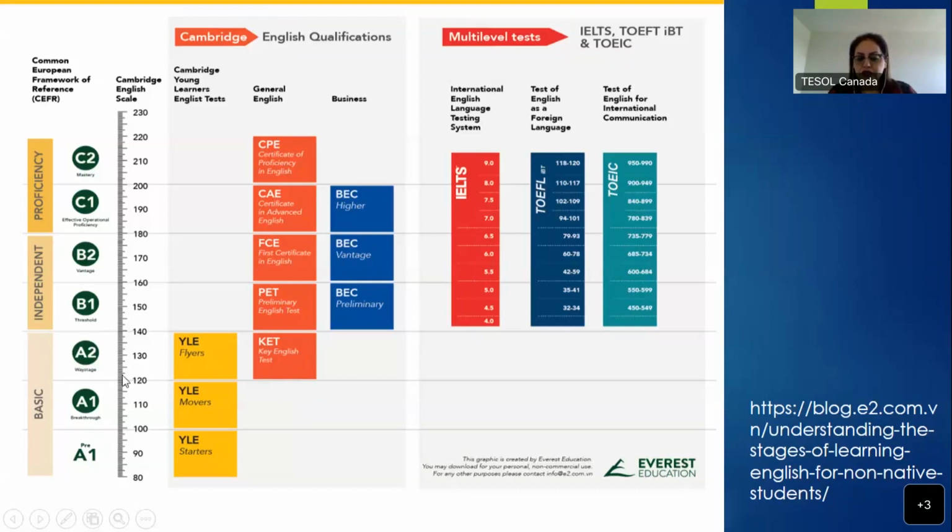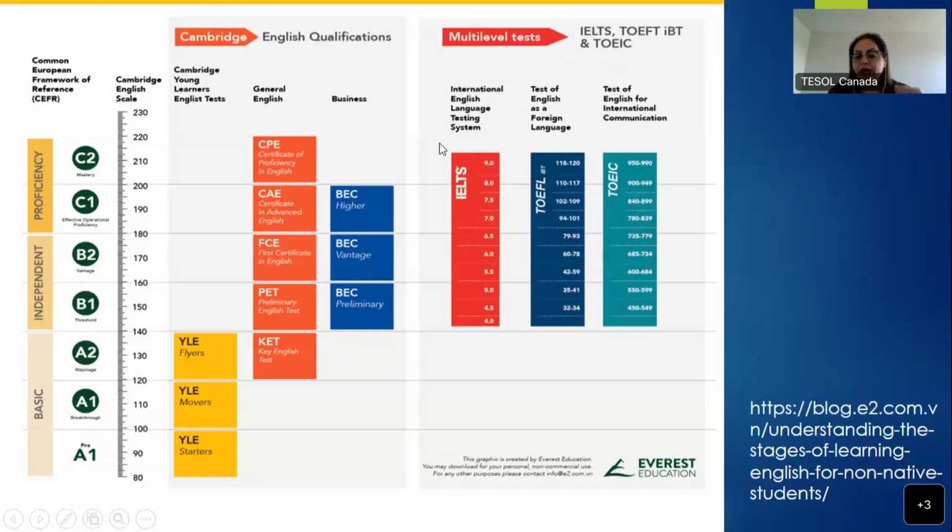KET goes to pre-intermediate level, PET intermediate level, FCE upper intermediate, CAE and CPE for proficiency. Also for adults studying business English: Preliminary, Vantage, and Higher. So again, intermediate, upper intermediate, and CAE level proficiency.